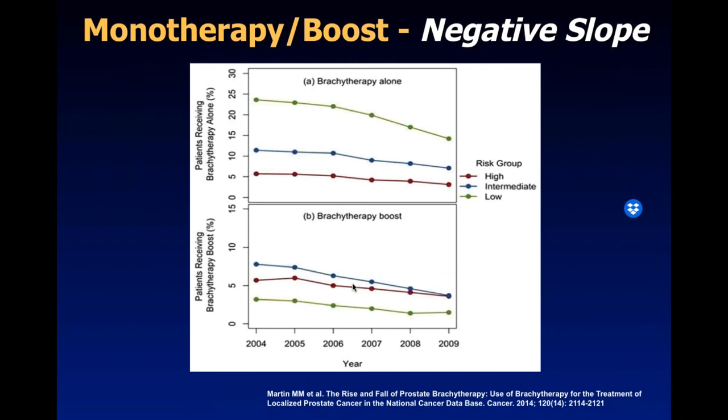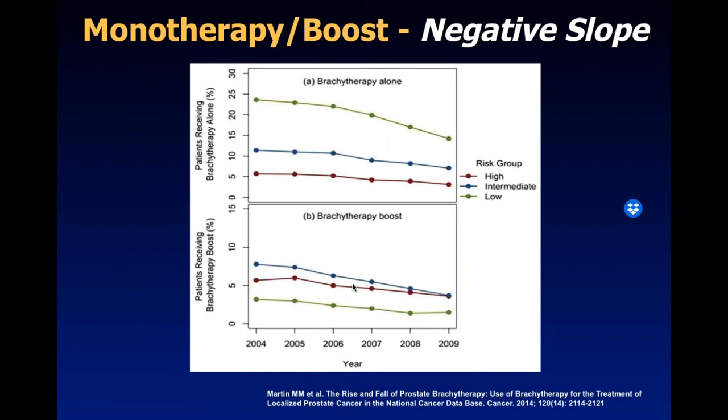So how about monotherapy and then brachytherapy with a boost? The top image represents what's happening with monotherapy, both in high, intermediate, and low risk prostate cancer disease. You can see with the low risk patients, we are seeing a steady decline.